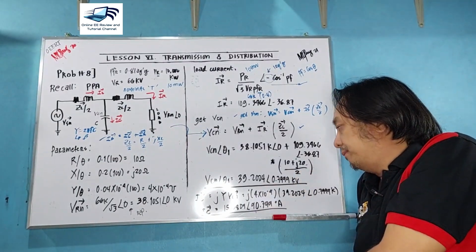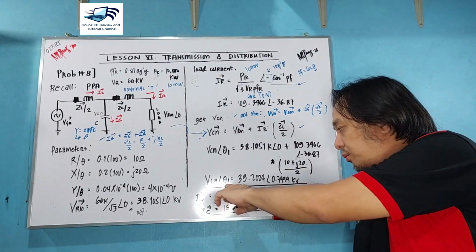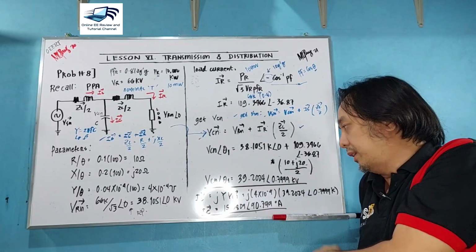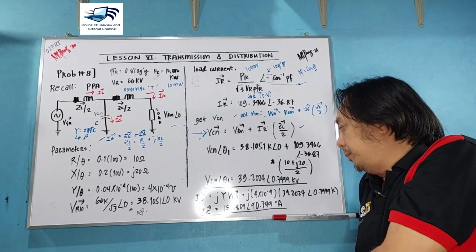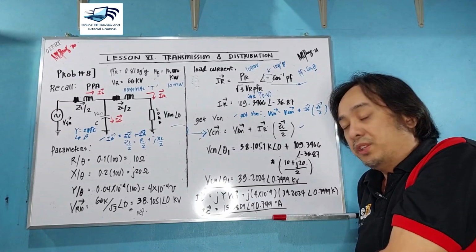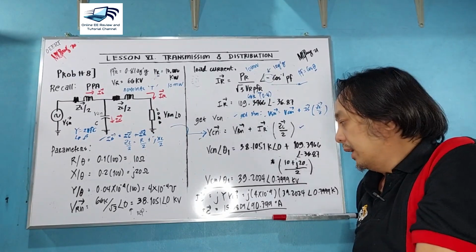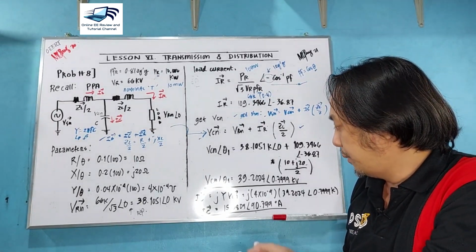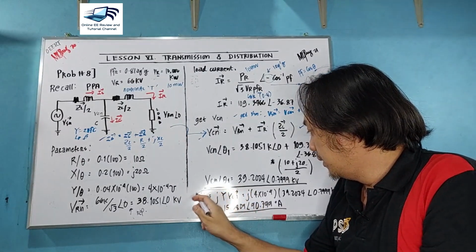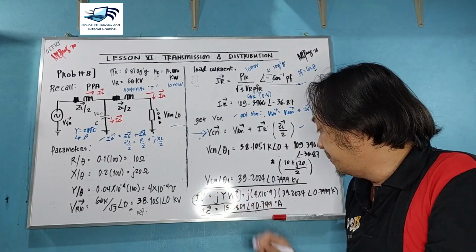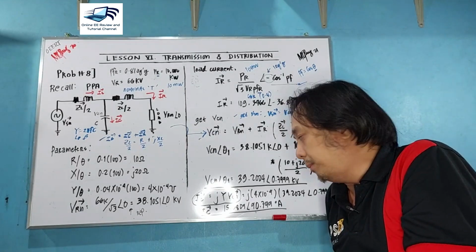The answer is VCN, with the angle theta for the direction part, 39.2024 ∠ 0.7999 kilovolt.